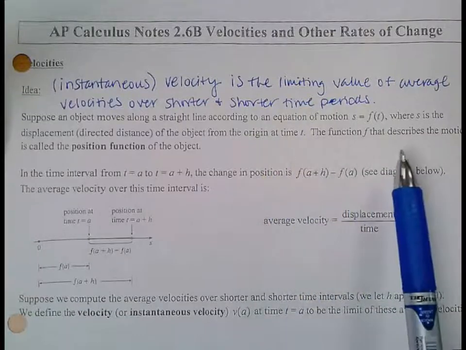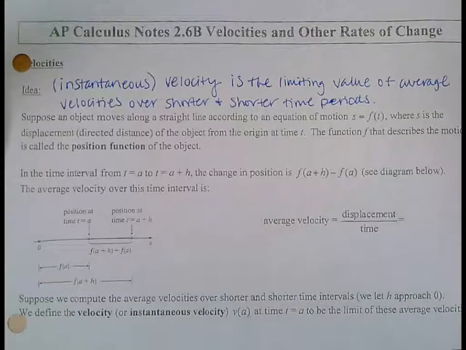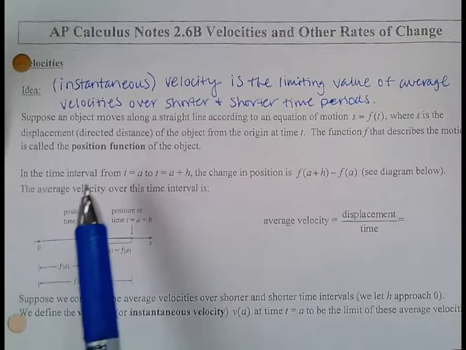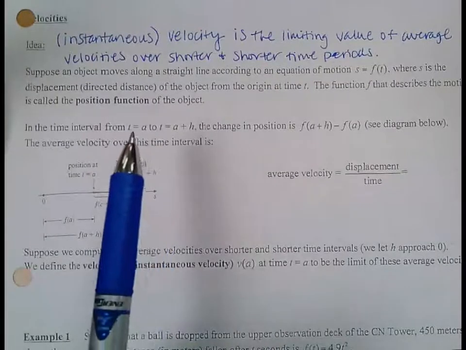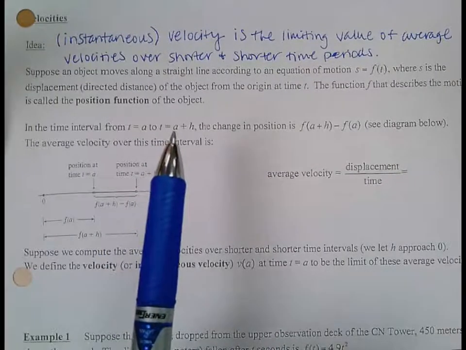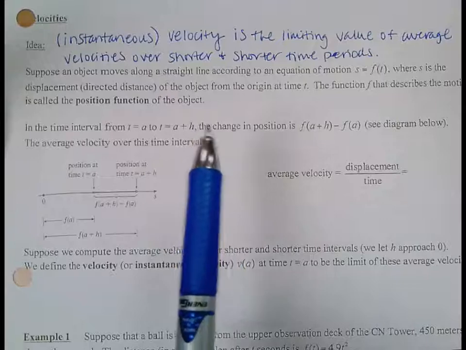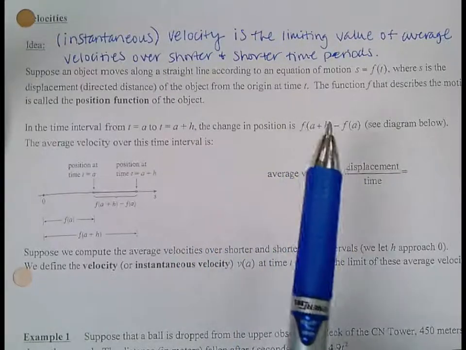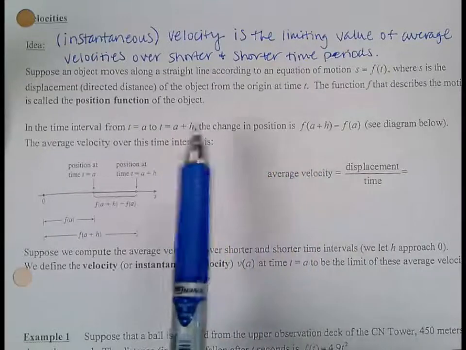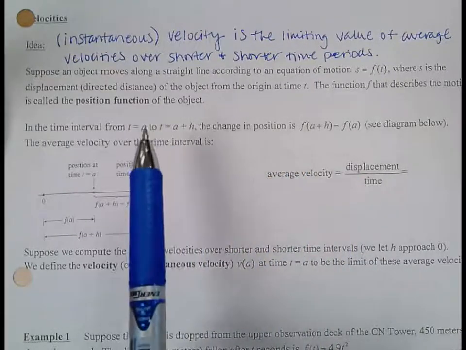The function f that describes the motion is called the position function of the object. In the time interval from t equals a to t equals a plus h, the change in position would be the function value at a plus h minus the function value at the start, a.